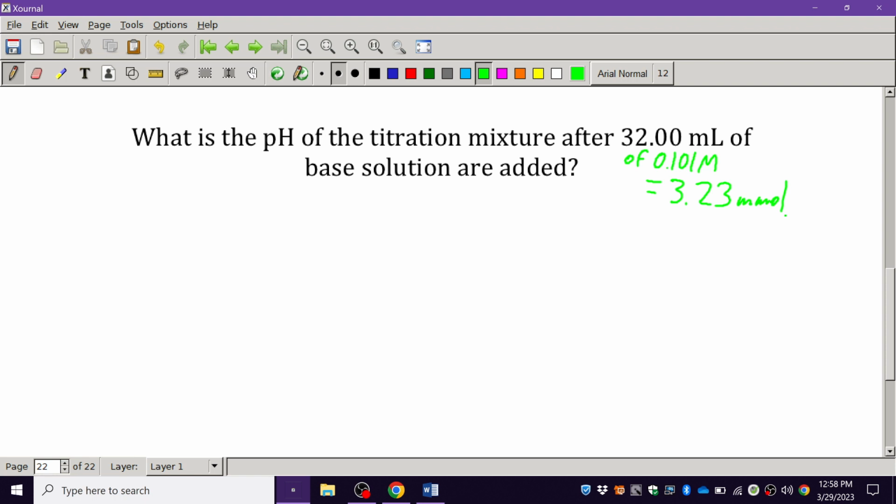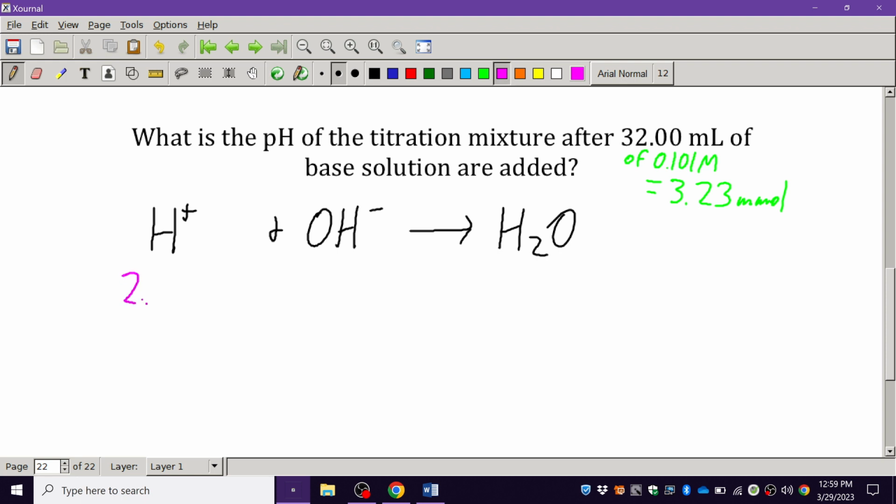All right, so let's write out our net ionic equation again. Very simple. H plus, OH minus. All right, now according to what we said before, we're starting with 2.88 millimoles of hydrogen ion. At this point, we've added 3.23 millimoles of hydroxide ion. What's my limiting reactant?